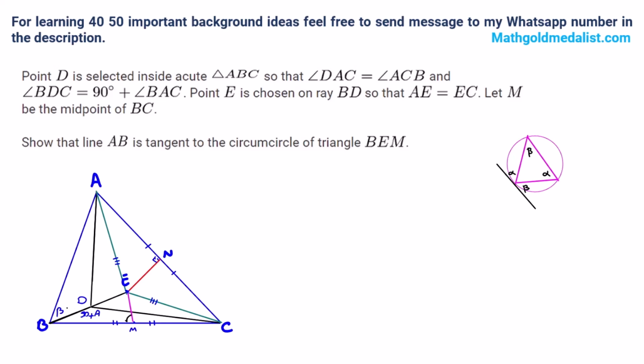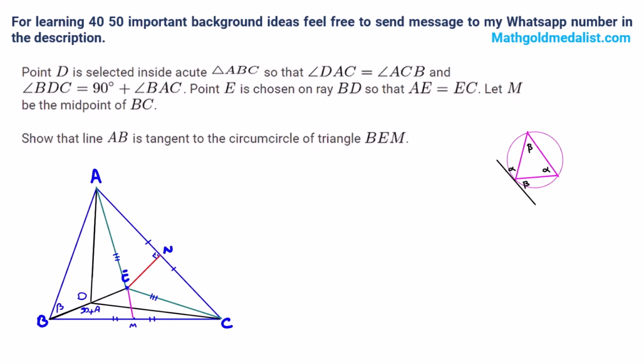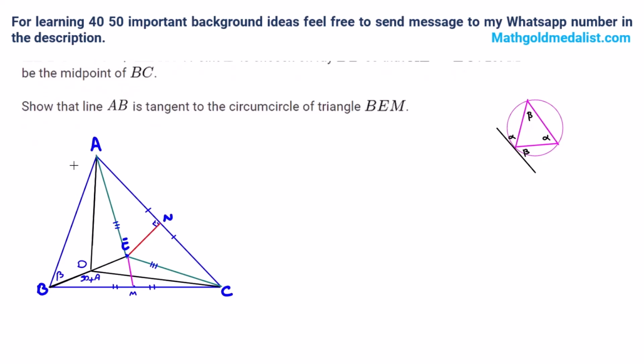So we should prove this one is angle beta, or we can extend AB and prove that this angle is equal to this angle. This angle is 180 minus B. So proving this one is 180 minus B is better. It's better to not use new angles. So we should prove this angle is 180 minus B. Let me show it with alpha. I should prove alpha is equal to 180 minus B.